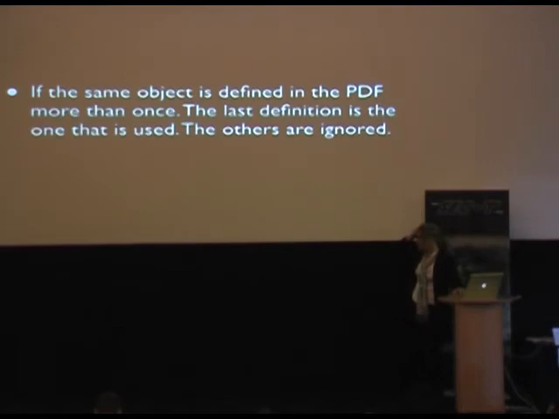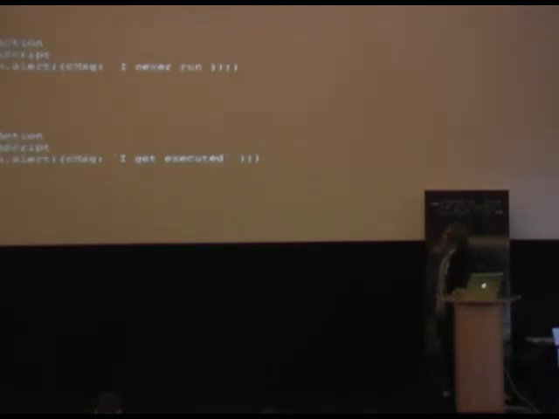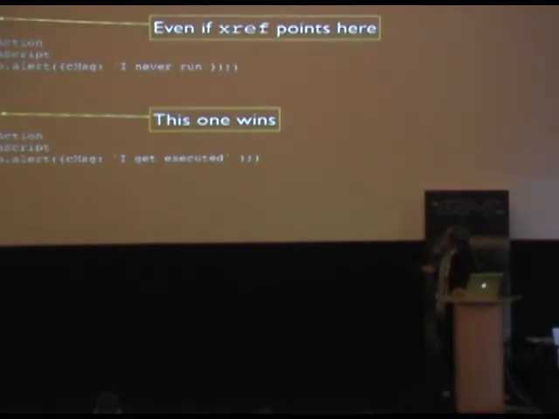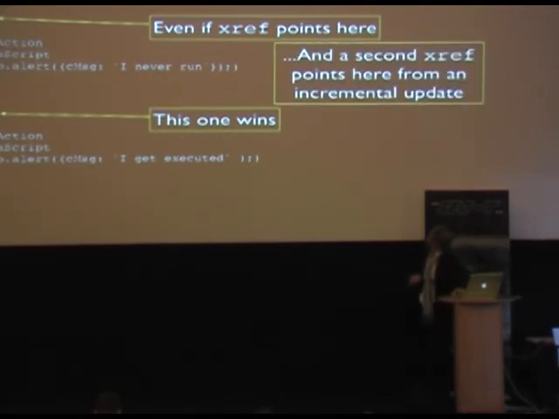So the other thing you can do is add the same object multiple times in a document. Generally, all but the last one is ignored. So if you define object 7 twice, there are 2 different things. Essentially, this one always wins, even if your reference table points to that one, and even if you have another cross-reference table that also points to that one.